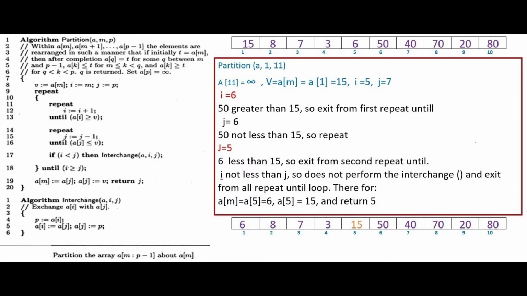So therefore A of m is equal to A of j, that is A of 5 is equal to 6. Update the array. The array is updated.